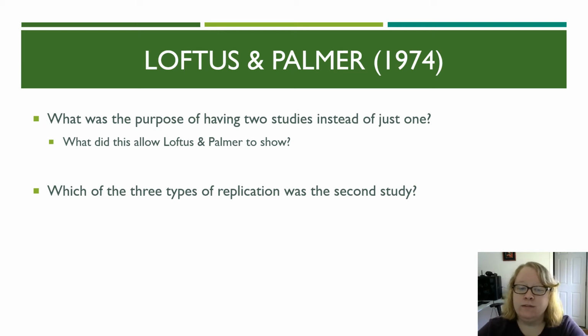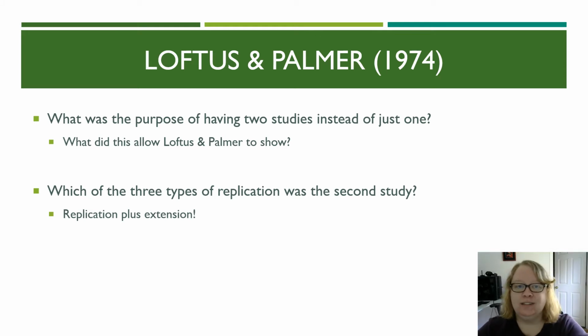All right, now which of the 3 types of replication was this second study? So take a second, think about it, go back to the paper if you need to. All right, so which of the 3 types of replication was it? It definitely was not a direct replication because they did not do the exact same procedure twice, right? They made some changes to it. In fact, it wasn't even a conceptual replication because they actually added something new. It was replication plus extension.